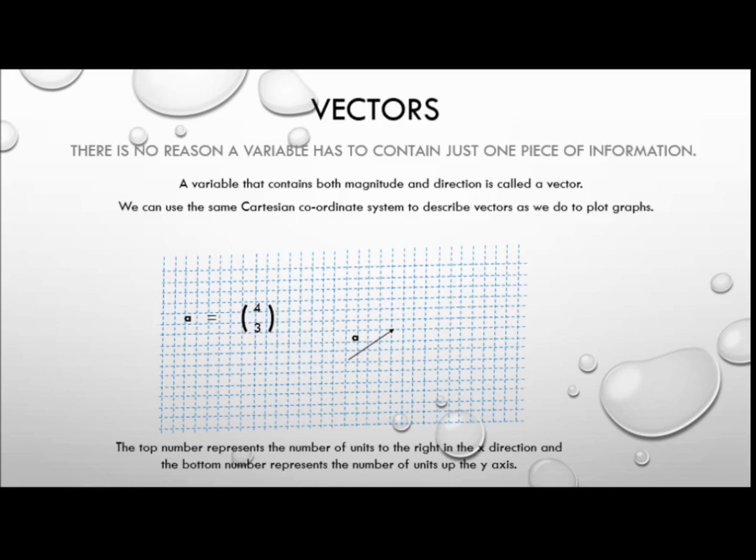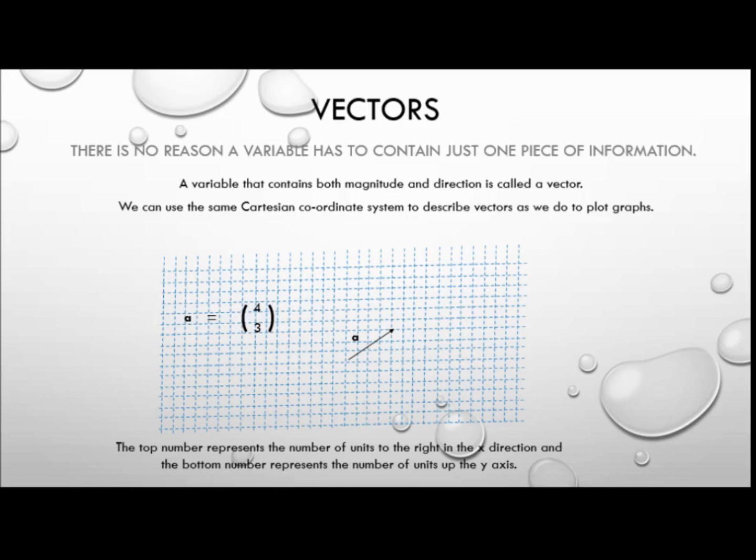So we can consider the arrow where we're looking at the x, y coordinates of the head of the arrow as seen from the very end of the tail of the arrow.